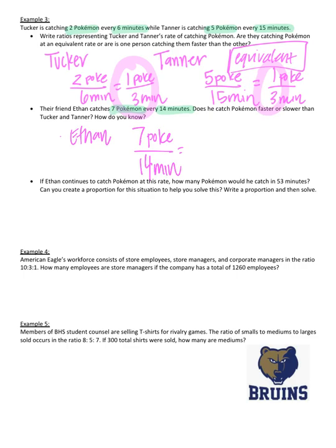If we reduce that fraction, we would know that he catches 1 Pokemon every 2 minutes. So it's taking Tucker and Tanner 3 minutes to catch 1, where it's taking Ethan 2 minutes to catch 1. So I want y'all to think about if Ethan is catching them faster or slower than Tucker and Tanner. Compare those ratios.